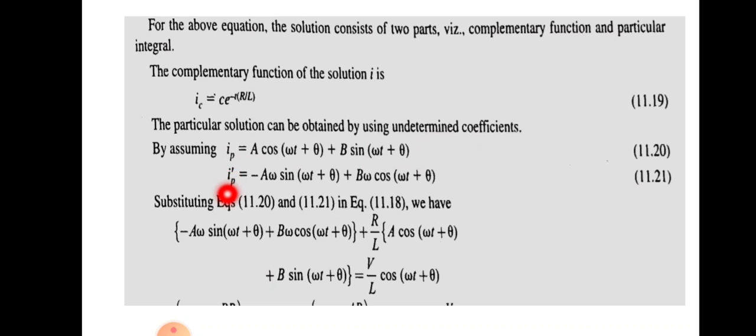So IP dash equals the derivative of cos(ωt + θ), which is minus sin(ωt + θ), so there is a minus sign: minus Aω sin(ωt + θ), plus the derivative of sin(ωt + θ), which is cos(ωt + θ), and an ω also comes here: Bω cos(ωt + θ). This is the first derivative.